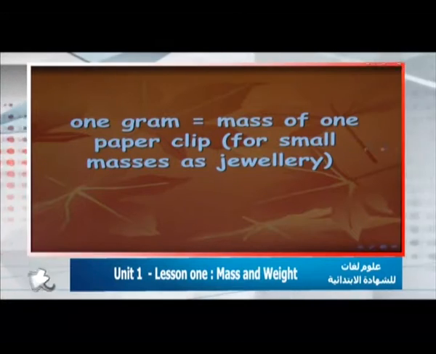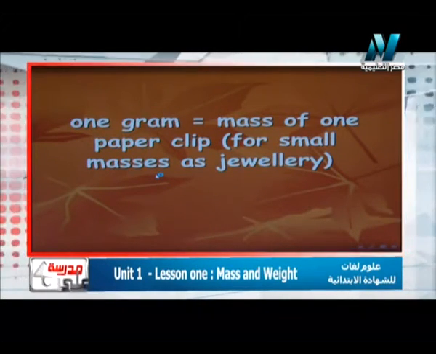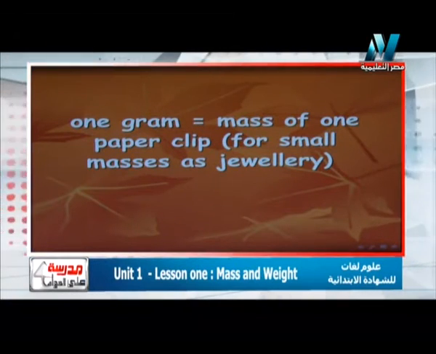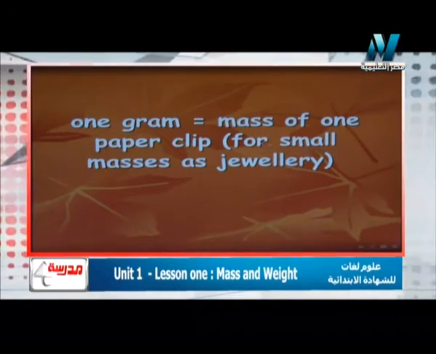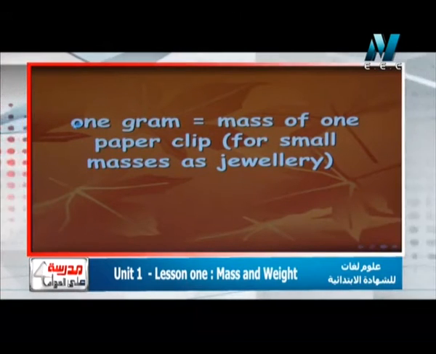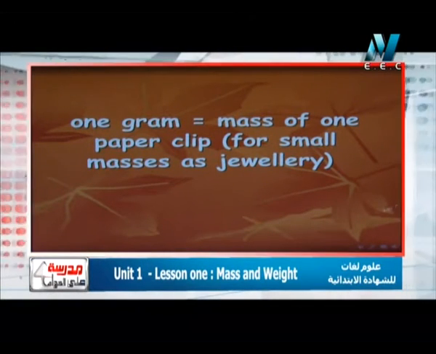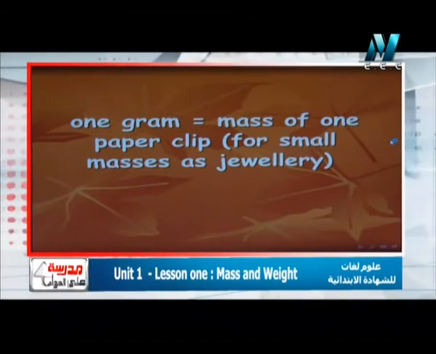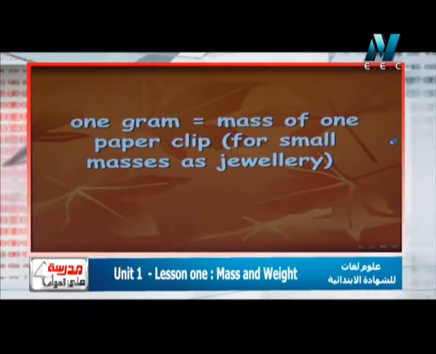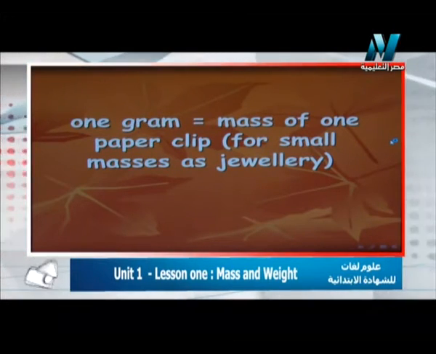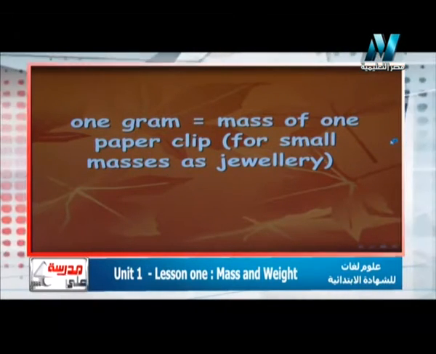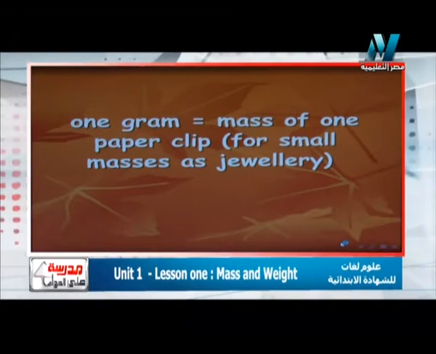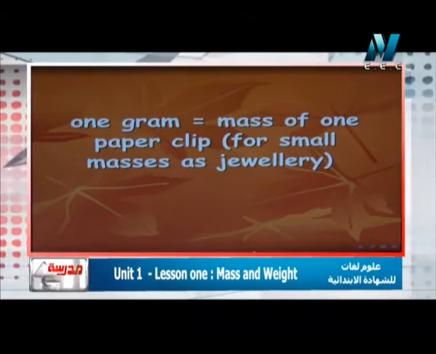I will use gram for very small masses, like jewels, gold, silver, and chemicals or medicines, which need very precise quantities. So again, 1 gram equals the mass of 1 paper clip.